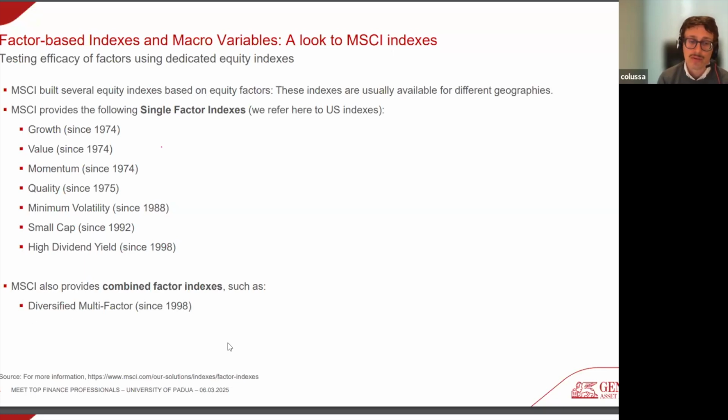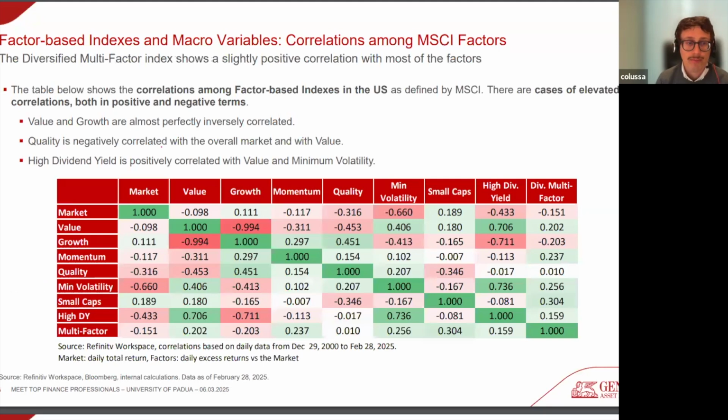So diversified multi-factor is an index that combines these previously mentioned factors all together with a given weight scheme in order to respect some criteria, and basically to try to simplify the measurement of factor investment compared to the standard benchmarks. And we can see a bit of this in the next slide.